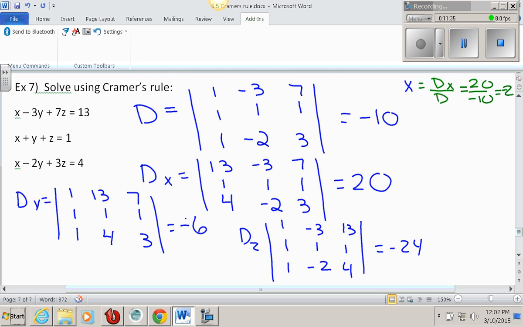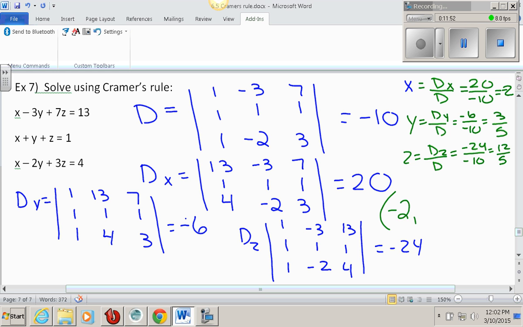It's negative 2. And then z. So again, right from those rules we wrote down above. So we have negative 2, 3/5, and 12/5 as our answer. All right, that's all she wrote.